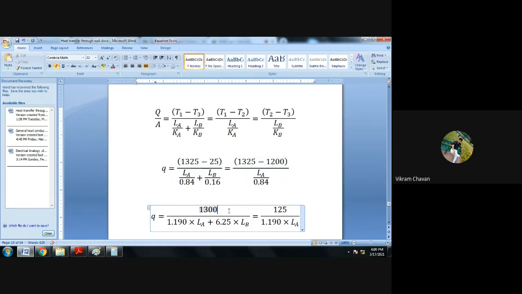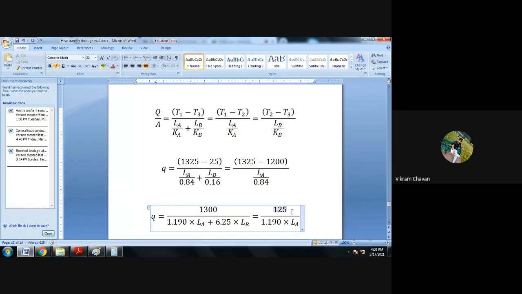Okay, so 1300 divided by 1.190 multiplied by L suffix A plus 6.25 multiplied by L suffix B will be equal to 125 divided by 1.190 multiplied by L suffix A. Do the calculation, whether you are getting the same values or not.